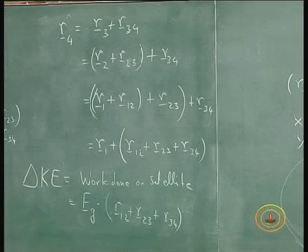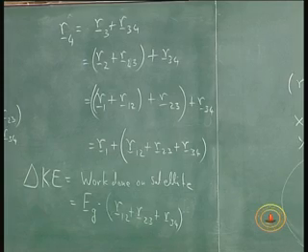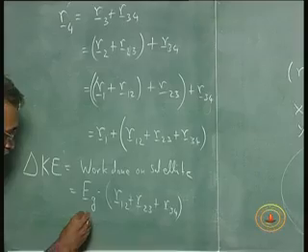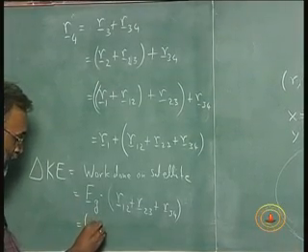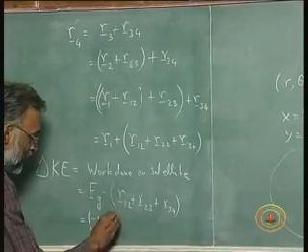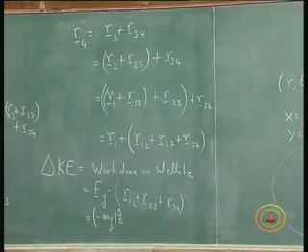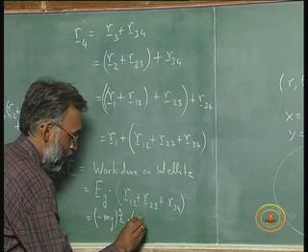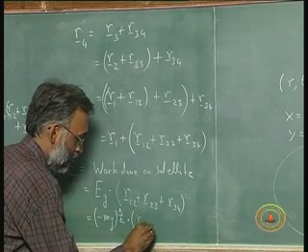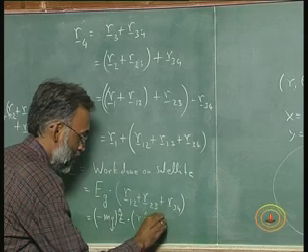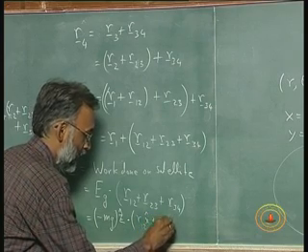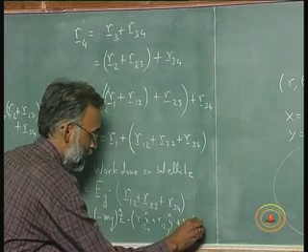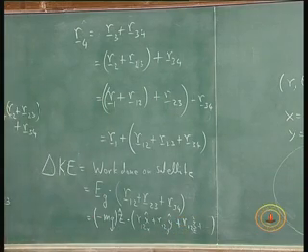Now I decompose this R12, R23, R34 into components, and what do I get? I get the force due to gravity is minus mg along the z axis, it is pointed downwards, dot R12 in the x direction x hat plus R12 in the y direction y hat plus R12 in the z direction z hat plus etc. Large number of components.